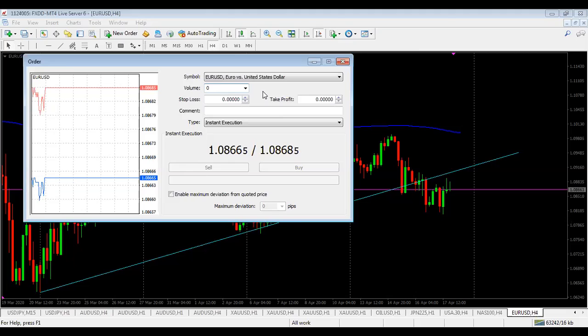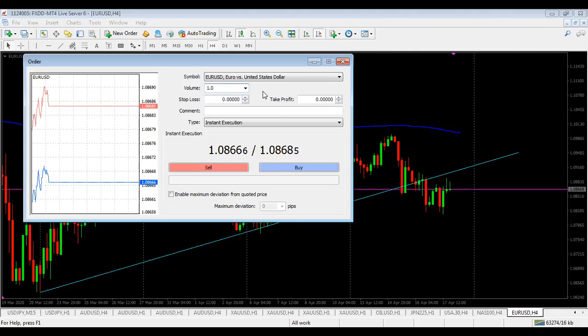Okay. So when I write, for example, a standard contract here, it has to be 1.0. It's a standard contract. It means every pip equals $10.